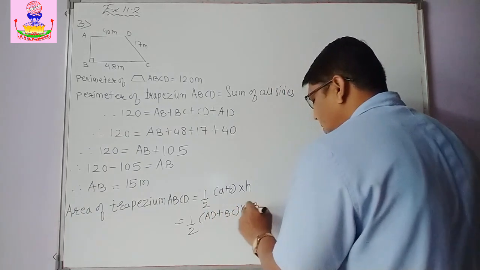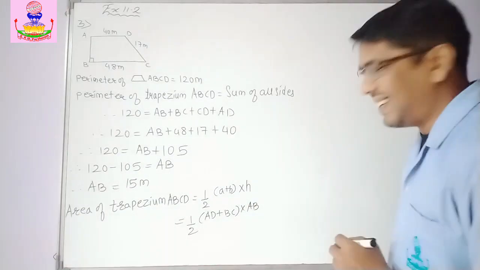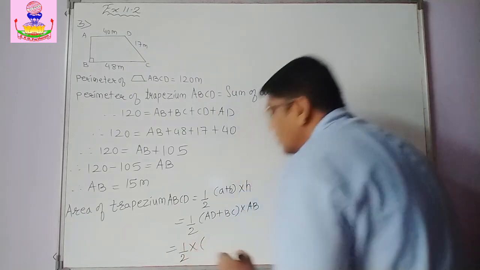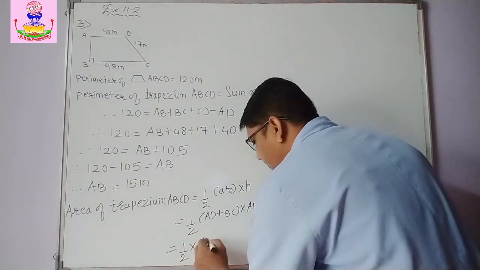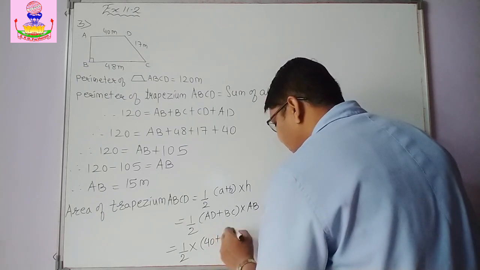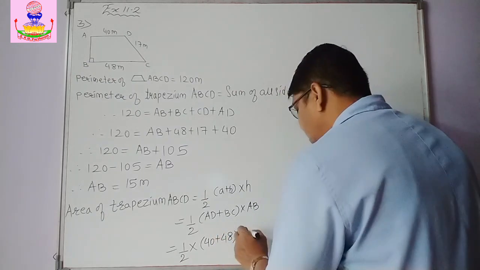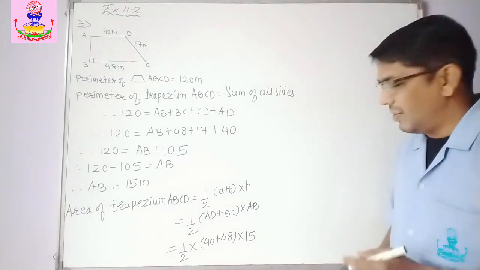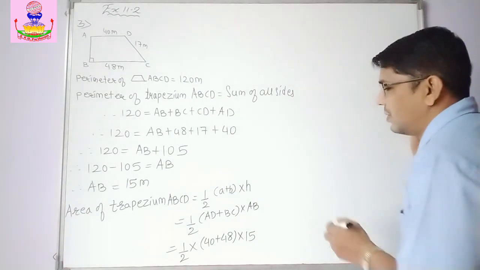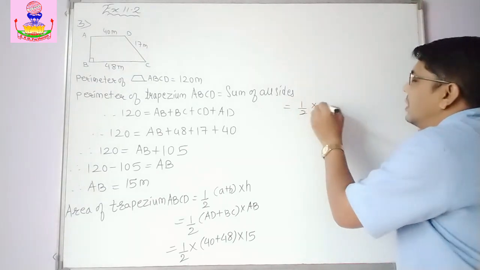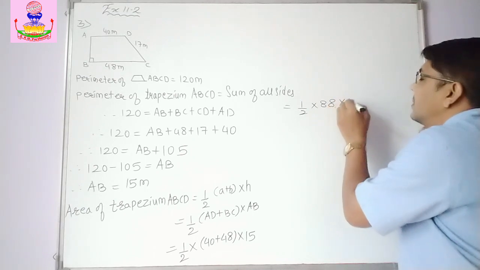Height is what? Length AB. Now, half into AD is 40 and BC is 48, into AB, AB is 15. Now 40 plus 48, oh yes, 88. So that is equivalent to half into 88 into 15.